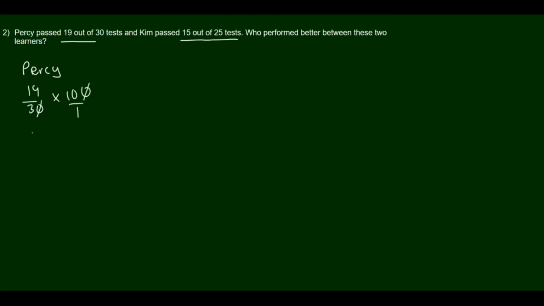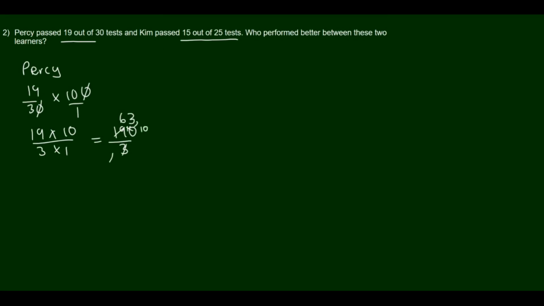So we're left with 19 times 10 over 3 times 1, which is 190 over 3. 3 into 19, that is 6, remainder 1. 3 into 10, that is 3. And put a comma. 3 remainder 1.